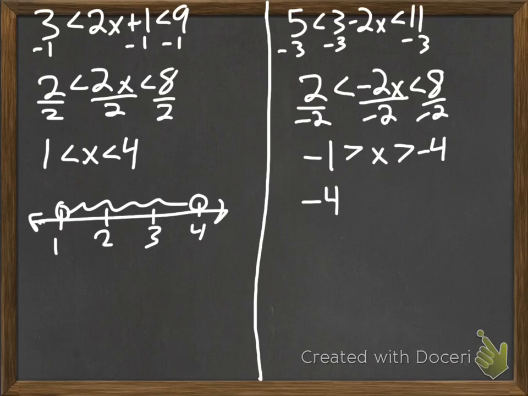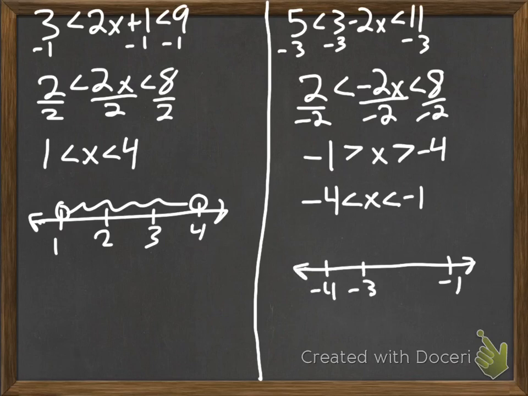So if we have -4, this inequality is pointing towards the -4. x, this inequality is pointing to x. And -1. So now this looks like something we're used to seeing, and it makes it just easier to graph. 2 open dots, and we highlight.